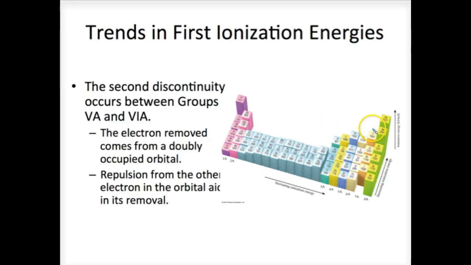Then when we go from 5A to 6A, we go from p3 to p4, and in terms of our orbitals, remember p3 is this, and then p4. Again, a little bit of repulsion makes that a little easier to remove.